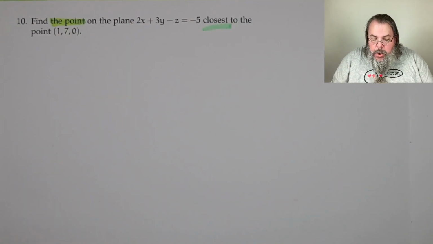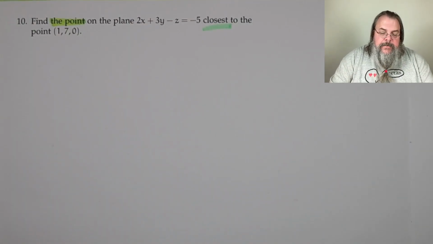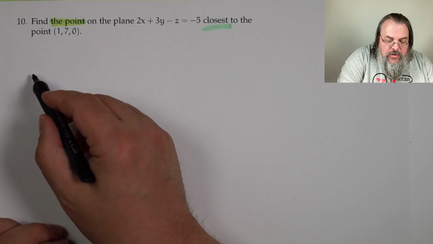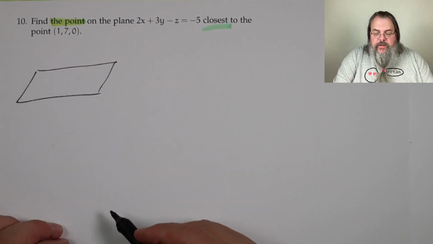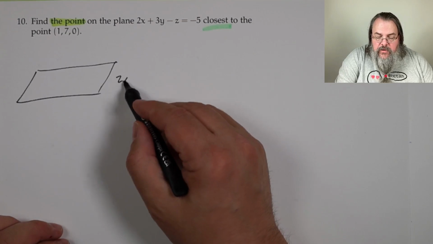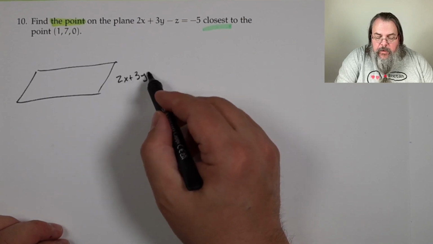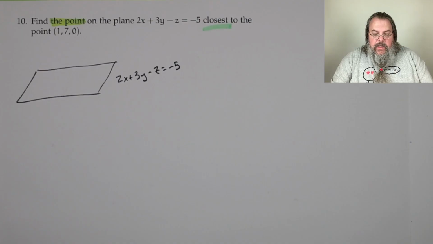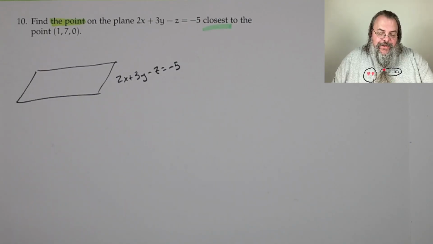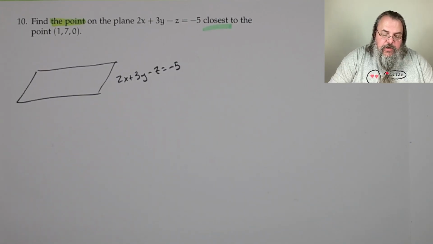So let's reason, use some geometry here to think about our situation. We have our plane, 2x plus 3y minus z equals negative 5, and we have a point. Okay, so let's put it up here.